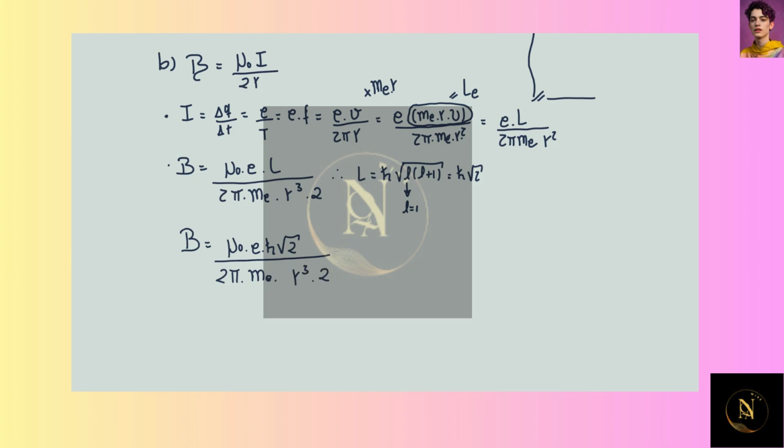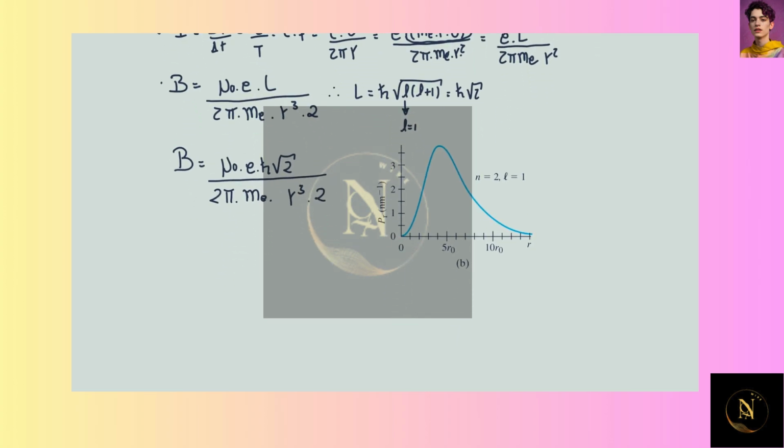Now for the radius, you can look at figure 9b of the book, which is presented here. Then we can see that the most probable radius is r equal to 4 times r0.